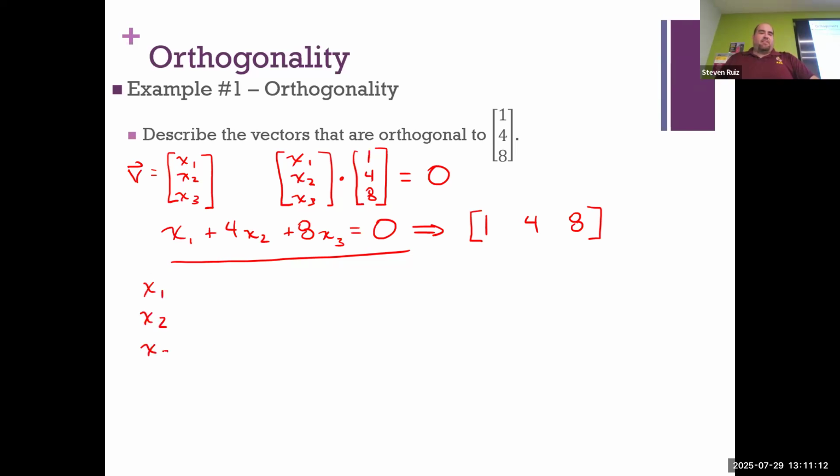So we know we're going to try to find a generic vector that looks like this: x1, x2, x3. What do these things equal? What's x1 equal? x1 equals -4x2 minus 8x3. And you said we need 2 parameters, so it looks like x2 and x3 are playing that role.